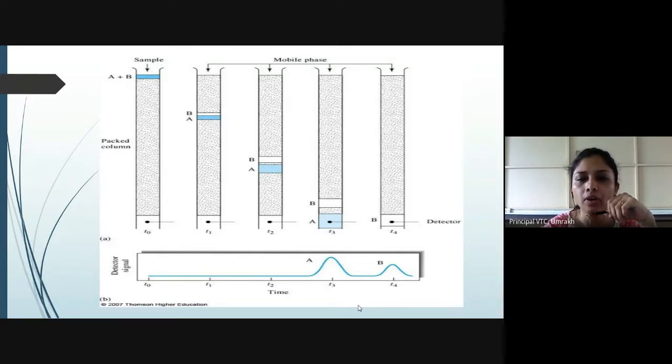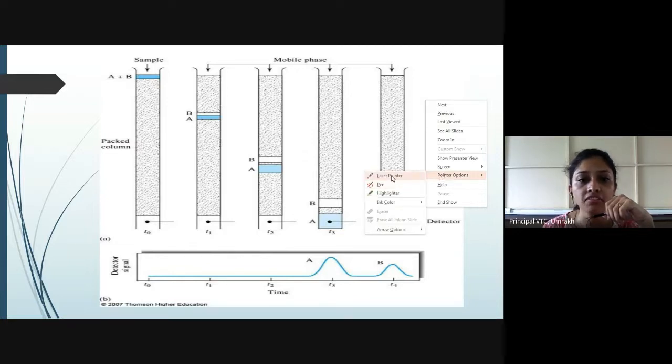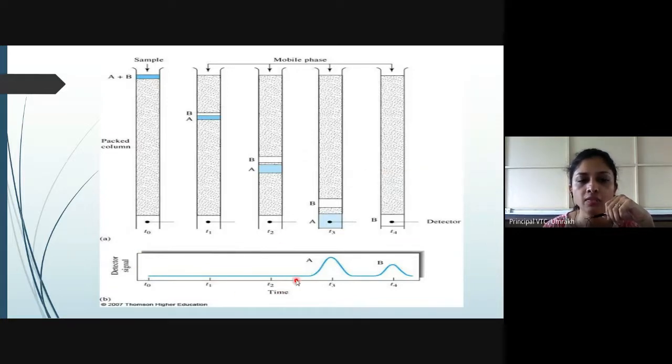Now, once A has crossed through the column and is eluted, it will reach the detector, and when it reaches the detector, we will get a response. In the lower portion of this figure, you can see a chromatogram, which is a graph of detector signal versus time.